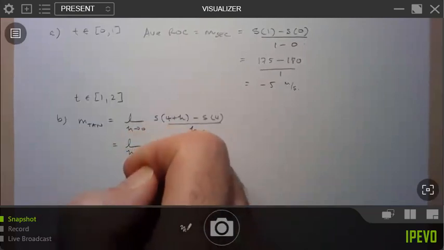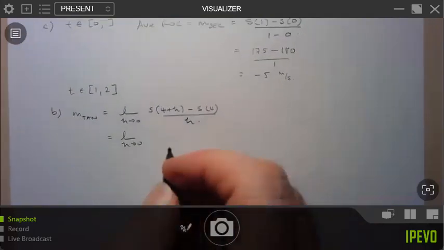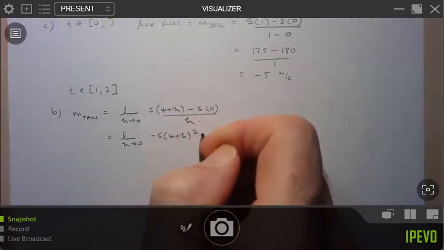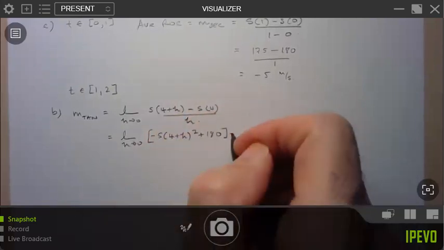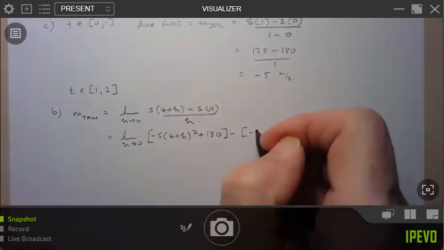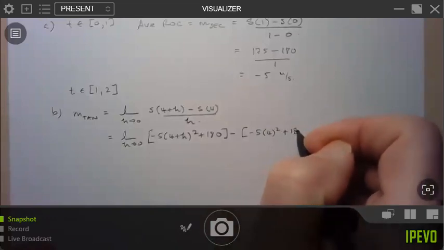So here, limit as h approaches 0. So what do we have? Let's put 4 plus h in here. So negative 5 times (4 plus h) squared plus 180. And then we're subtracting s(4), which would be negative 5 times 4 squared plus 180.